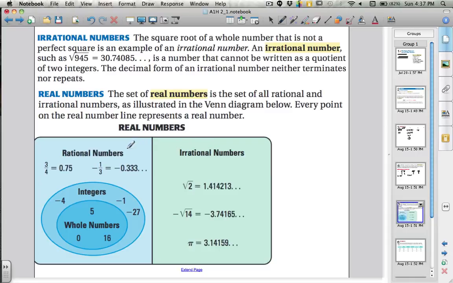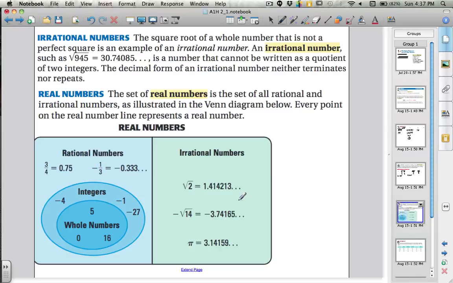And a rational number is a number that can be written as a quotient of two integers, like 3/4 or 1/3, 1/2. Those are ratios of two integers. Irrational numbers are values that can't be written that way, and examples are square roots of things like the square root of 2, the square root of 3.